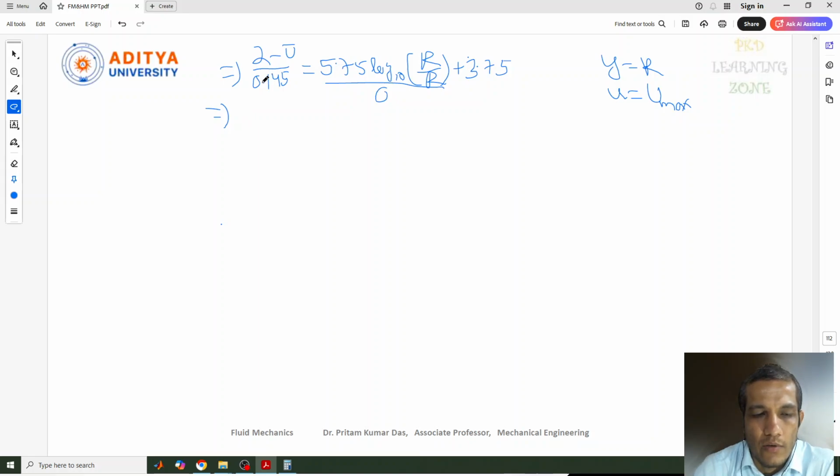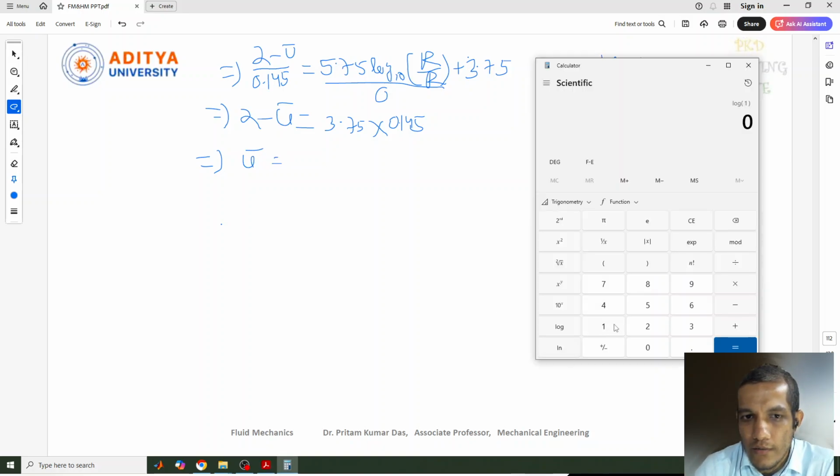Now we can write 2 minus u bar equals 3.75 multiplied by 0.145. Then u bar equals 3.75 into 0.145, which is 0.54, and 0.54 minus 2 gives minus 1.45, so positive 1.45.